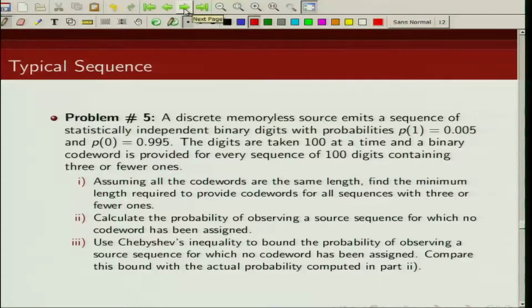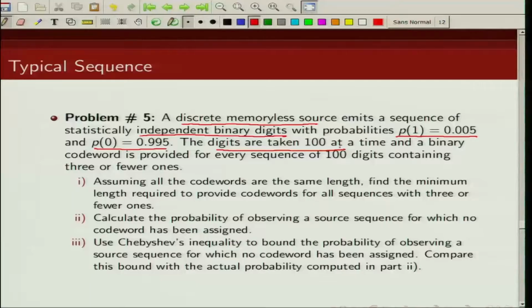So let us look at the next problem. We have a discrete memoryless source that emits statistically independent binary bits with probability of 1 given by 0.005 and probability of 0 given by 0.995. So most of the time it is emitting zeros. The digits are taken 100 at a time and a binary code word is provided for every sequence of 100 bits.